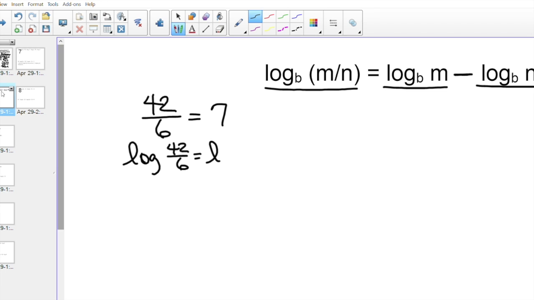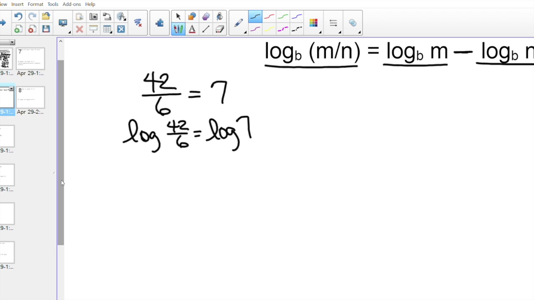And of course, what you do to one side, you would have the log of 7. Now, following this, Mr. Napier said that if you're taking the logarithm of a division, you would say log of the top number, 42, minus the log of 6 equals the log of 7.